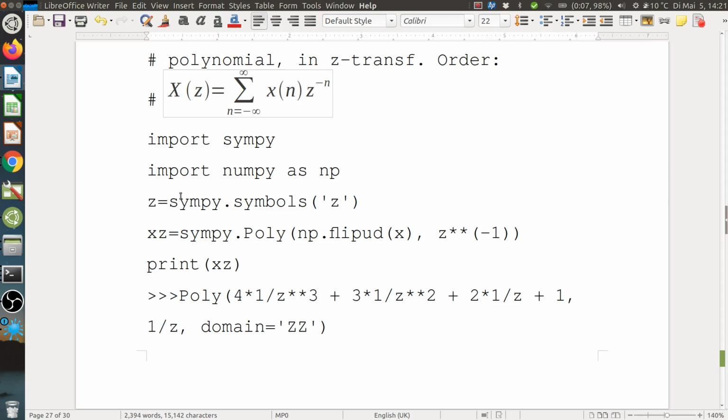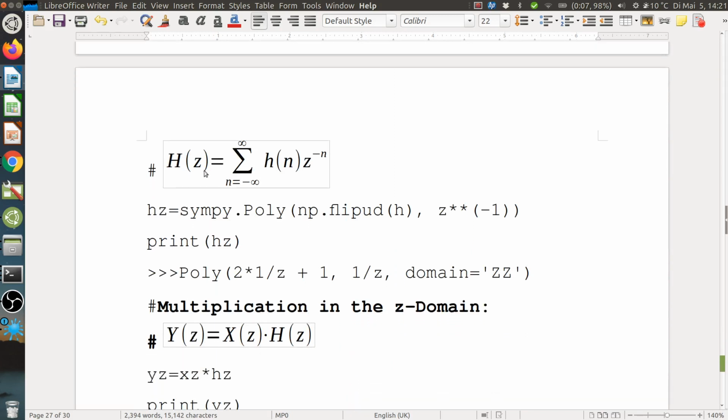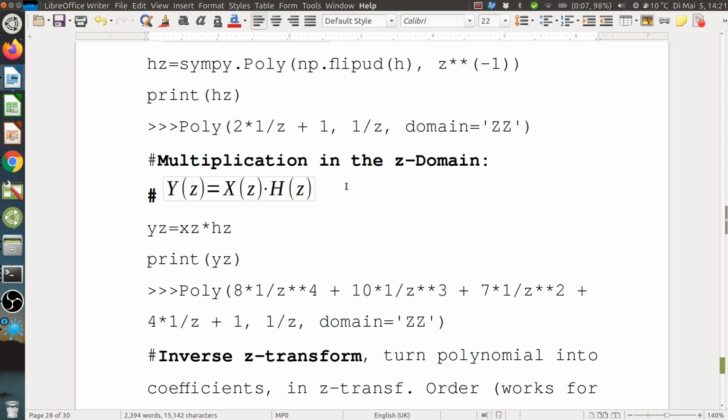Using sympy, defining z as the symbol, and then turning our sequence into a polynomial like this. Right, so here we can see that we now have this polynomial. We can do the same using our impulse response h. Same thing, turn it into a polynomial. And we can also multiply it in the z domain. So here we have x of z times h of z.